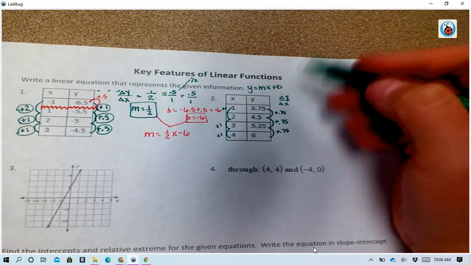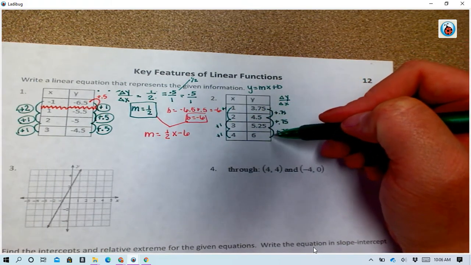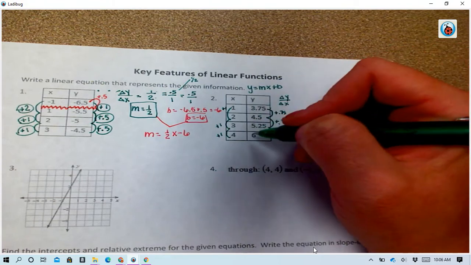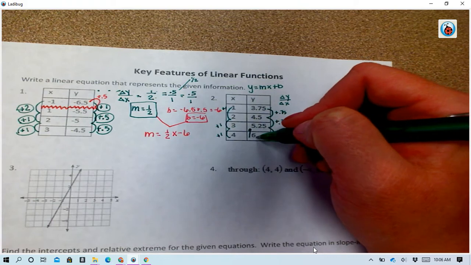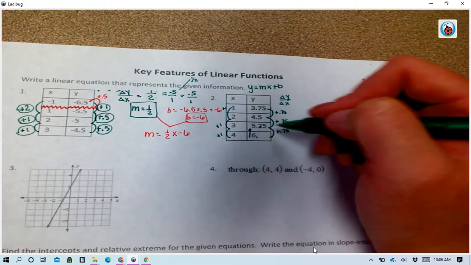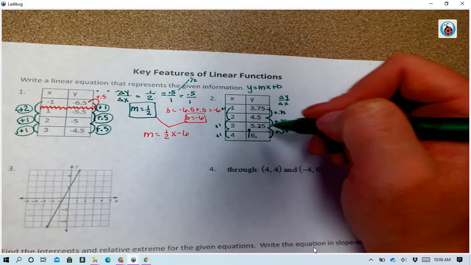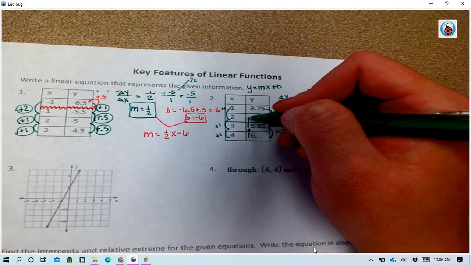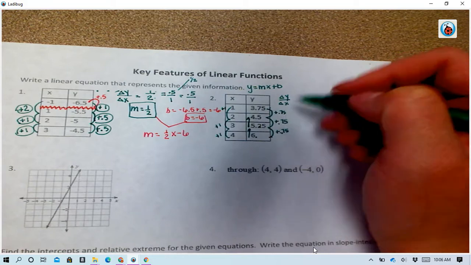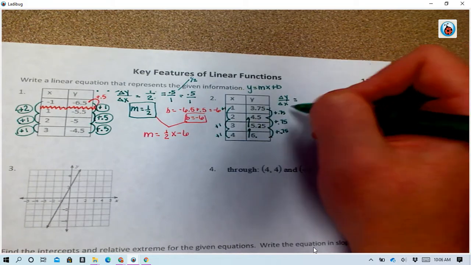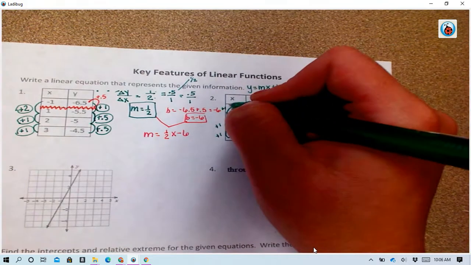If you can't figure out what's being added to move forward, you could always subtract to go backwards. Like 6 minus 5.25 is 0.75. 5.25 minus 4.5 is 0.75. Change in y over change in x. So 0.75 over 1.